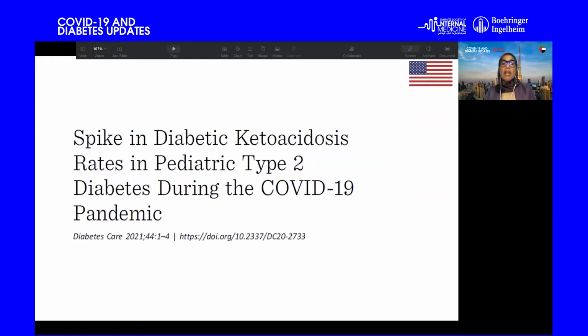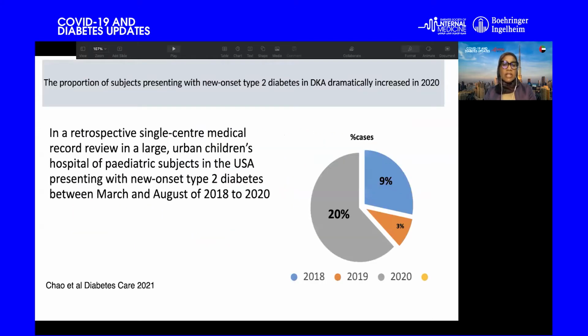This was a large hospital in Los Angeles, and they looked retrospectively at their cases of DKA. What they were able to see was that the rate of DKA in 2018 was about 9%, in 2019 it was 3%, and then there was an exponential increase in 2020 to around 20%.